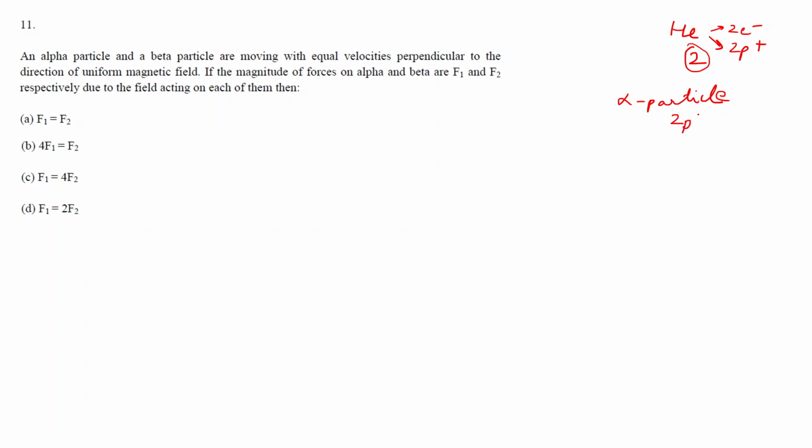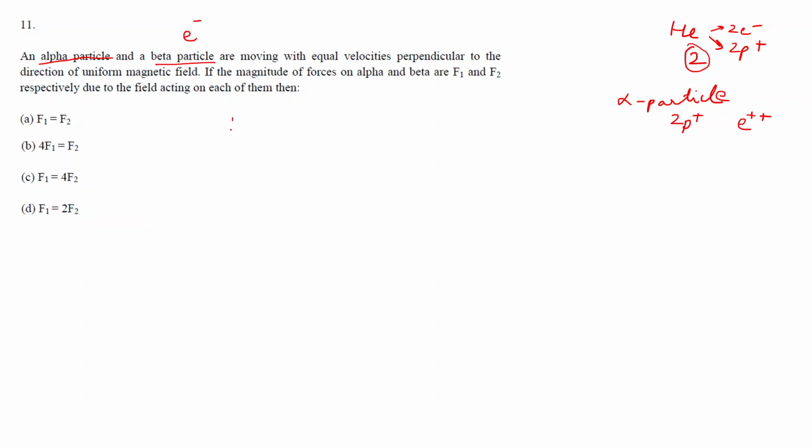So it has 2 proton charge, or the magnitude of charge is the same as the electron, but the charge is positive. So this is the charge on the alpha particle. So we have an alpha particle and we have a beta particle. Beta particle is a negative electron charge, and they are moving with equal velocities.